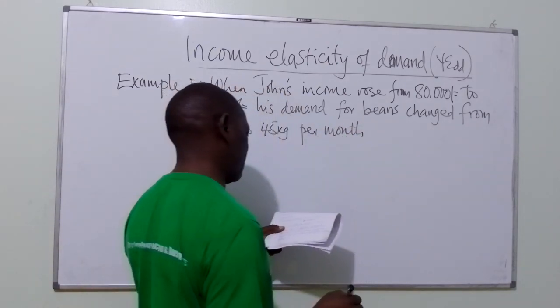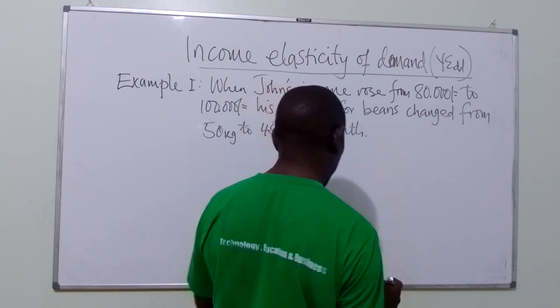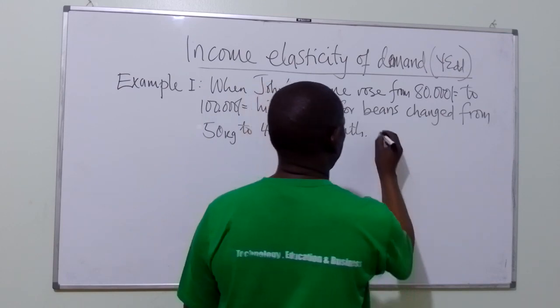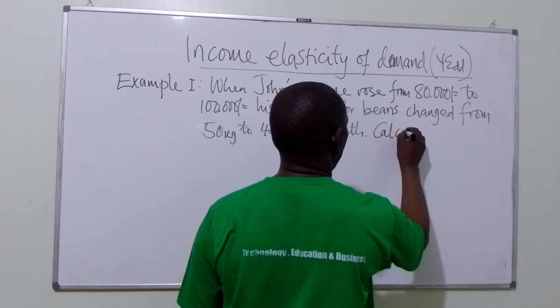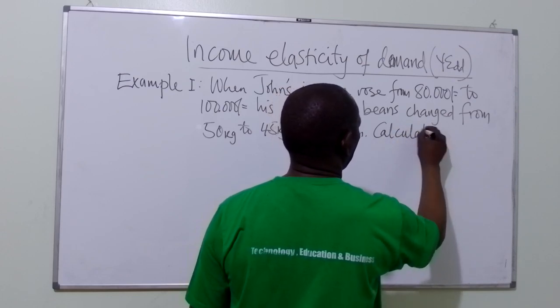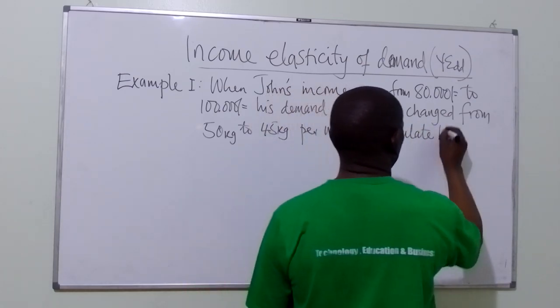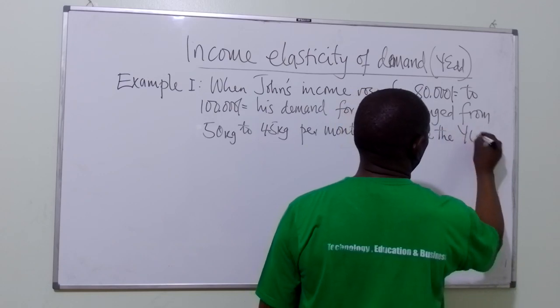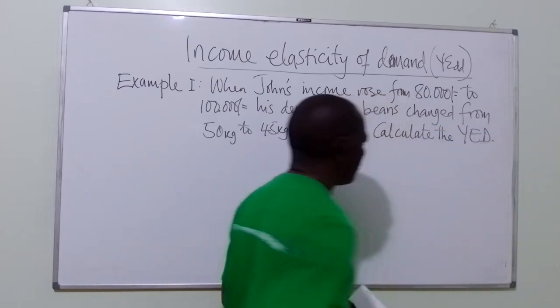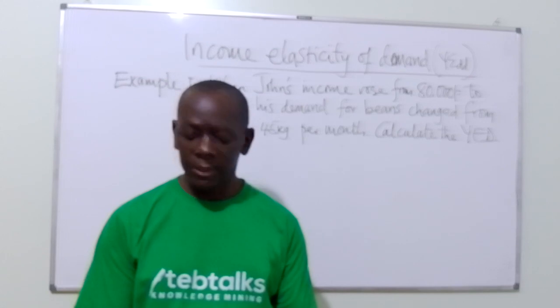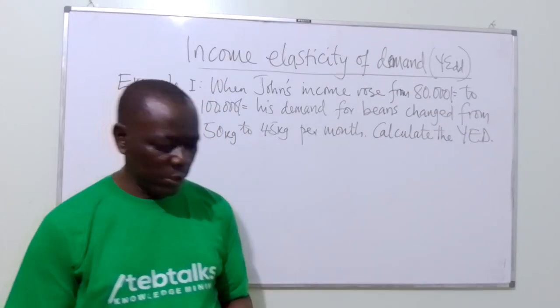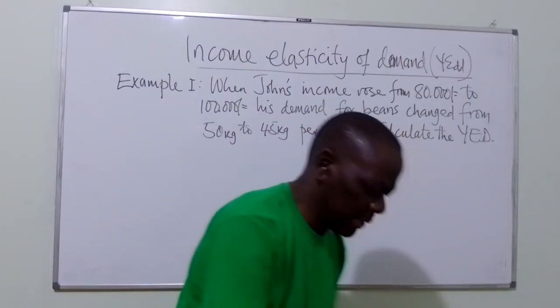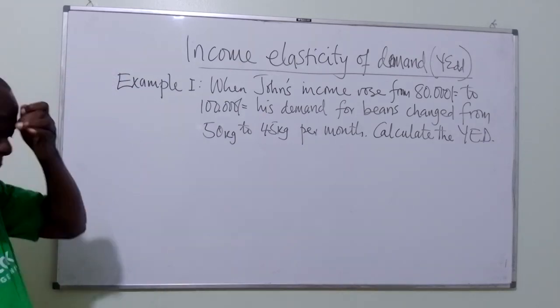Must be having a big family to take that in a month. Say, calculate the income elasticity of demand. Calculate the income elasticity of demand. That is what we have as example number 1.